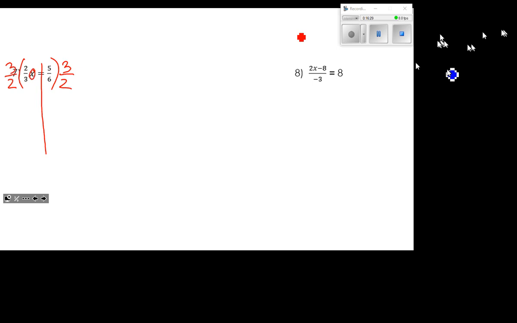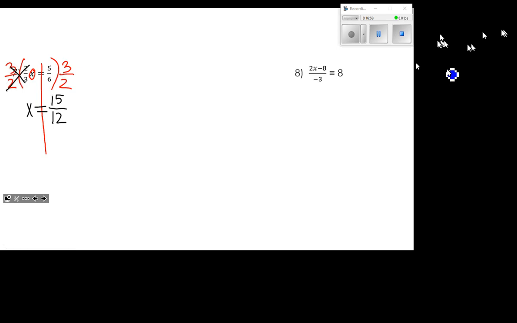And when we do that to both sides, we can cancel this out and do the multiplication on this side. So we can do 5 times 3, which is, let me bring down the x first, 5 times 3, which is 15. 6 times 2, which is 12. I know that that is not going to simplify to a whole number, so I just need to simplify it.